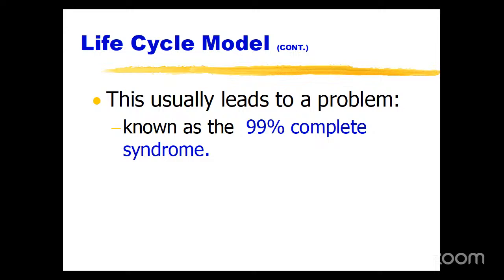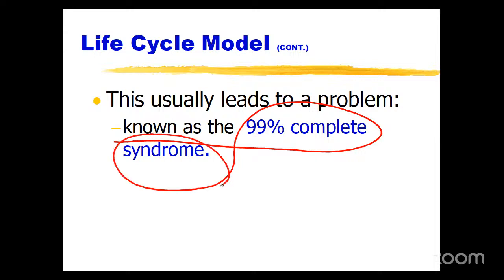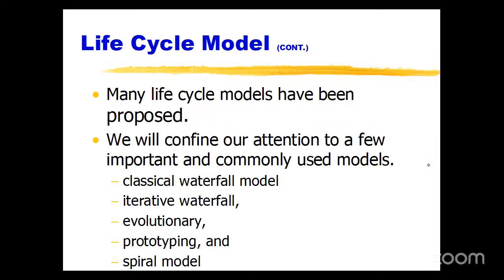The customer is expecting 100% completion of the project, but it is not yet fully completed. So we call it the 99% complete syndrome. Whenever the customer asks, we say it is completed, but how much? Only this much. We do not say any kind of percentage. This is what is happening in day-to-day life.